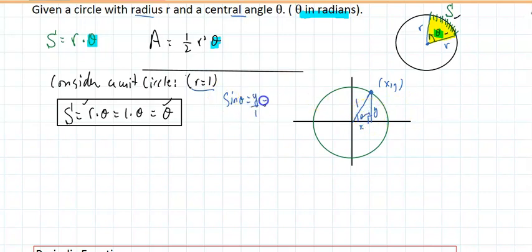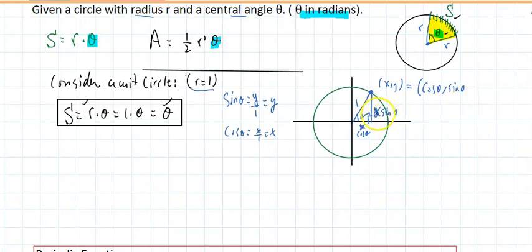That's y over 1, which is y. The cosine of theta is the adjacent over the hypotenuse, which is x. So instead of saying x and y, I could say that's the same thing as cosine of theta and sine of theta. Meaning, I could take this out and say that's the cosine of theta, take this out and say that's the sine of theta.